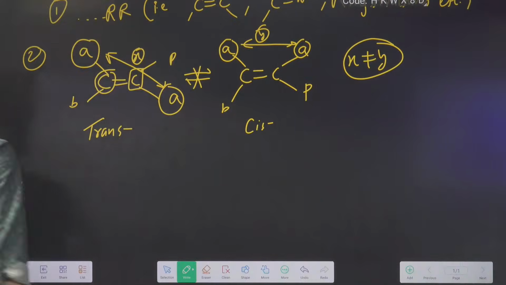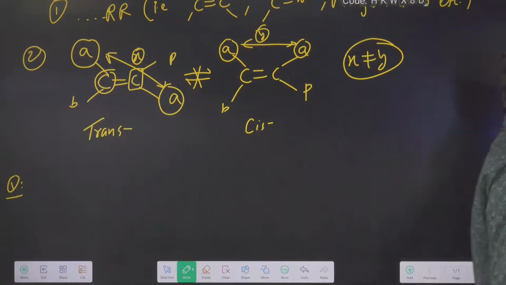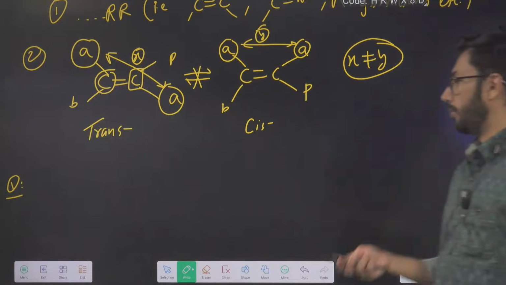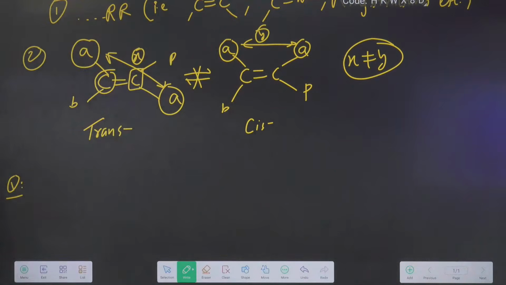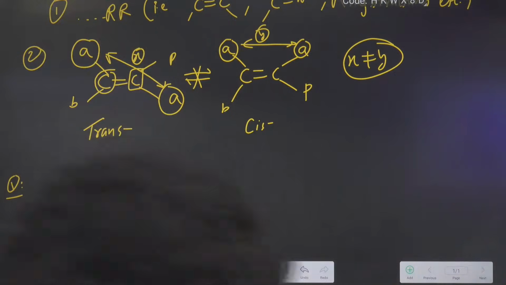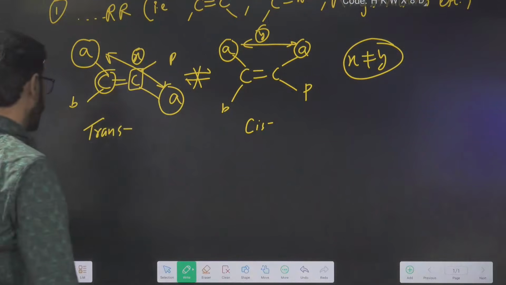Clear? Now apply these two points. Write down which of the following compounds can show geometrical isomerism. Which of the following compounds can show geometrical isomerism?